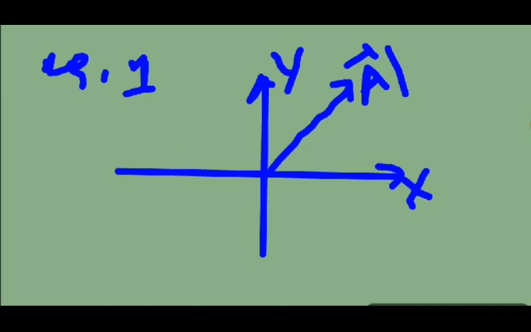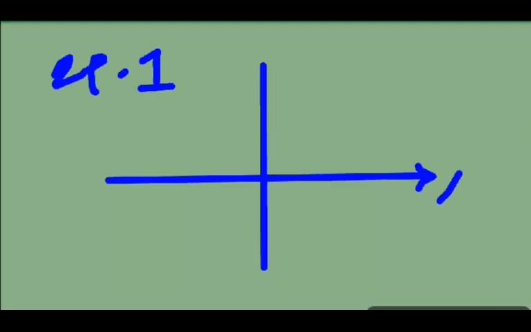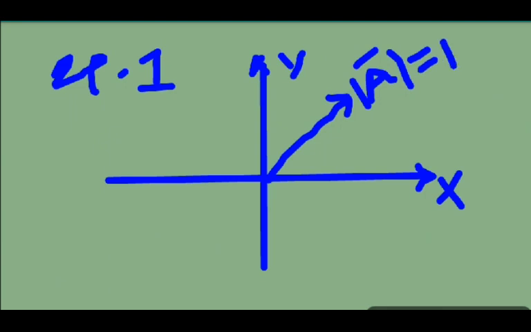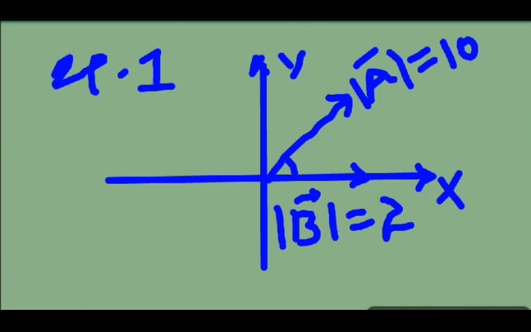with magnitude of A equal to 10, magnitude of B, let's say, equal to 2, and the angle between the first vector and the second is equal to 37 degrees.